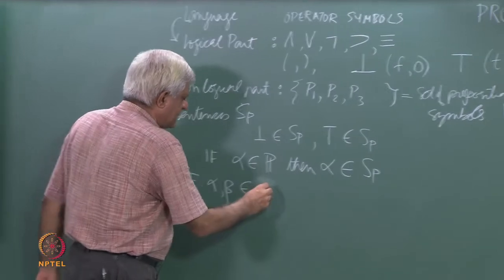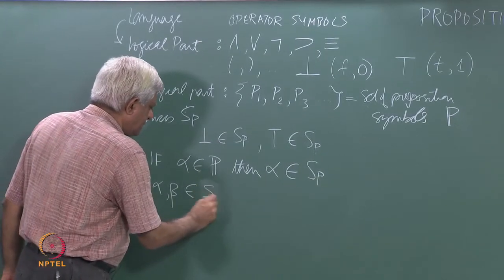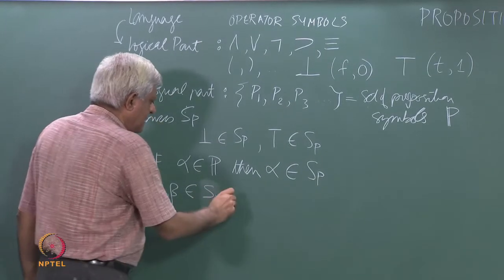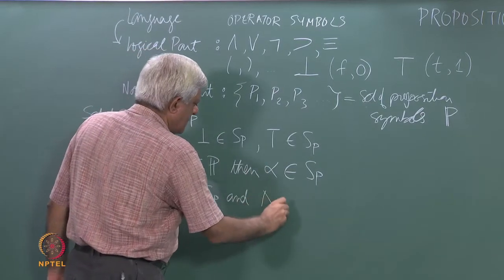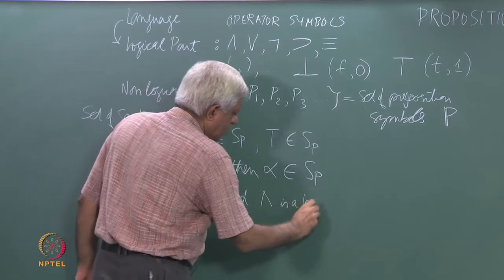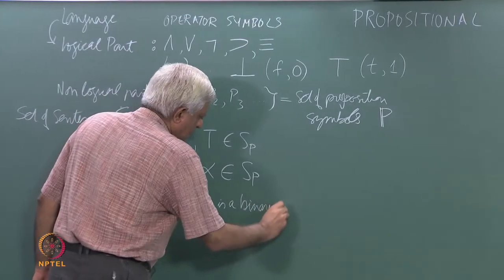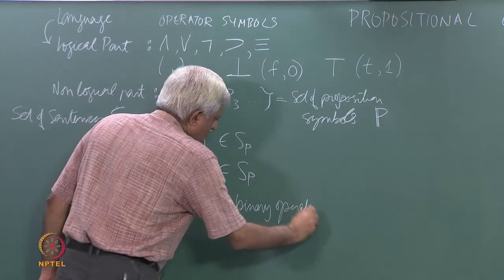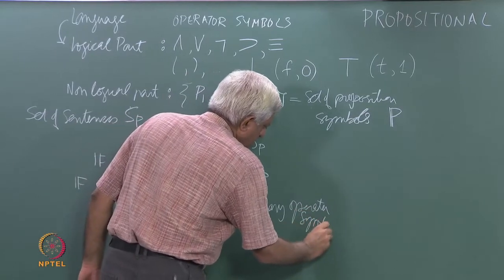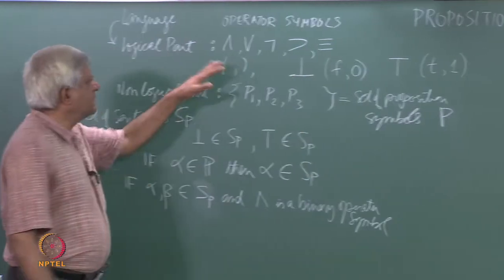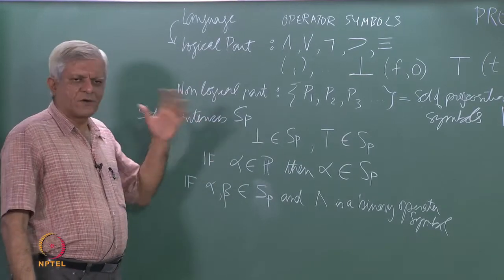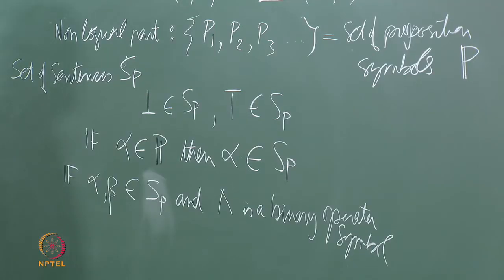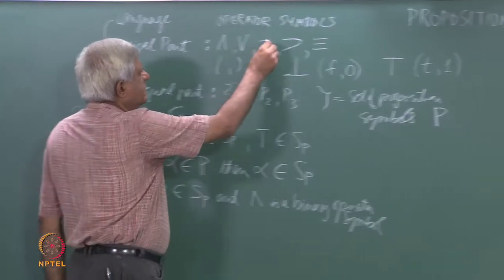Of these symbols we will distinguish between binary and unary, and we will not talk about higher order operators, and you do not need to. So, this one is unary.